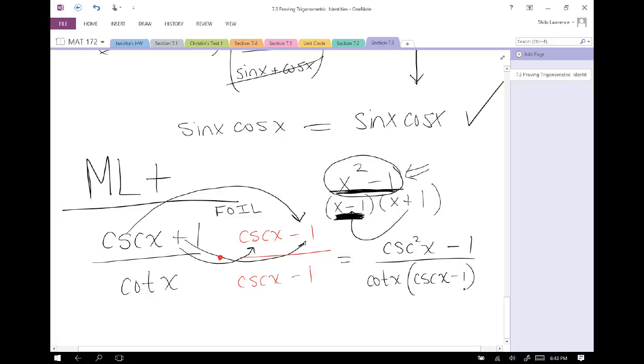Okay, so I've multiplied by a fraction that's equivalent to 1. I'm going to see if my MyLab Plus likes this answer or not. Cosecant squared minus 1 over cotangent times cosecant minus 1.